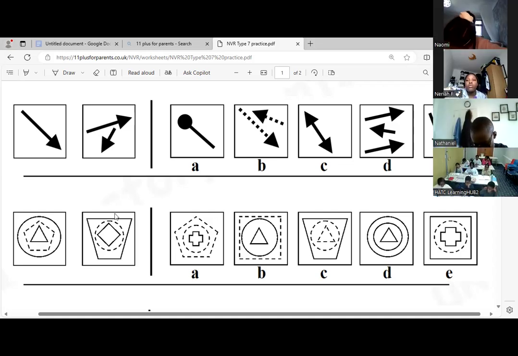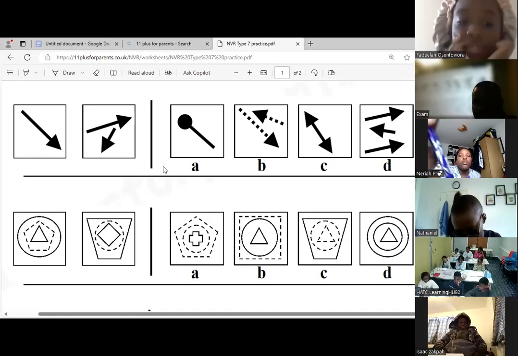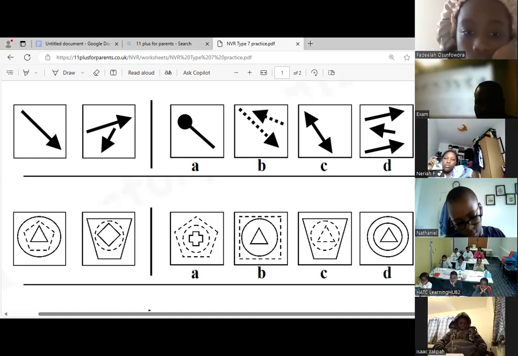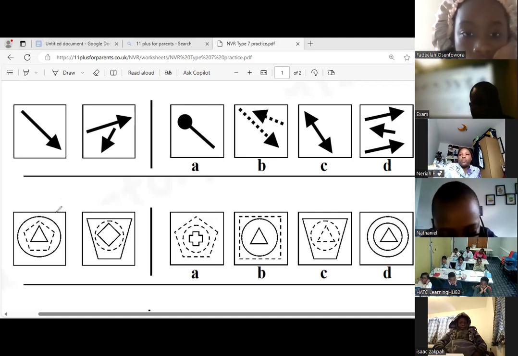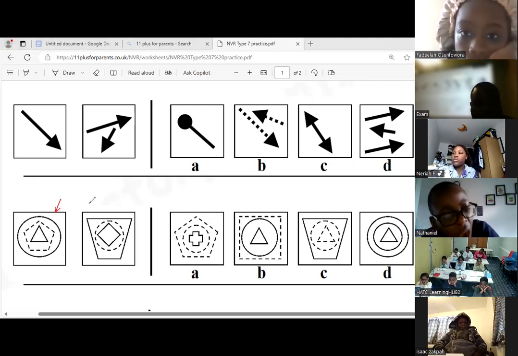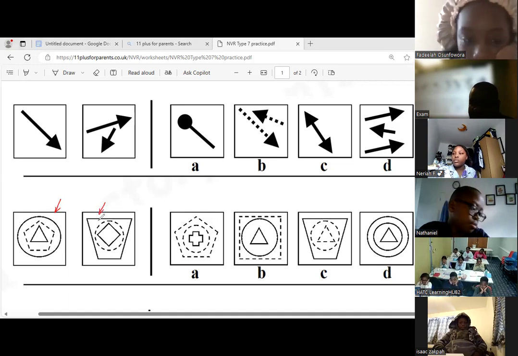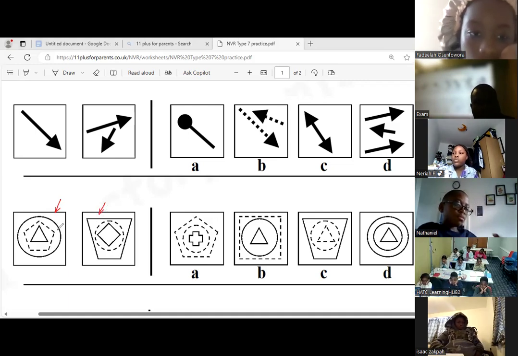I want everyone to pay close attention, please. What we got? These two shapes. Don't forget, the tray on the outside is not part of the shapes, okay? So if you look at this one and this one, I want everyone to just listen while I explain.